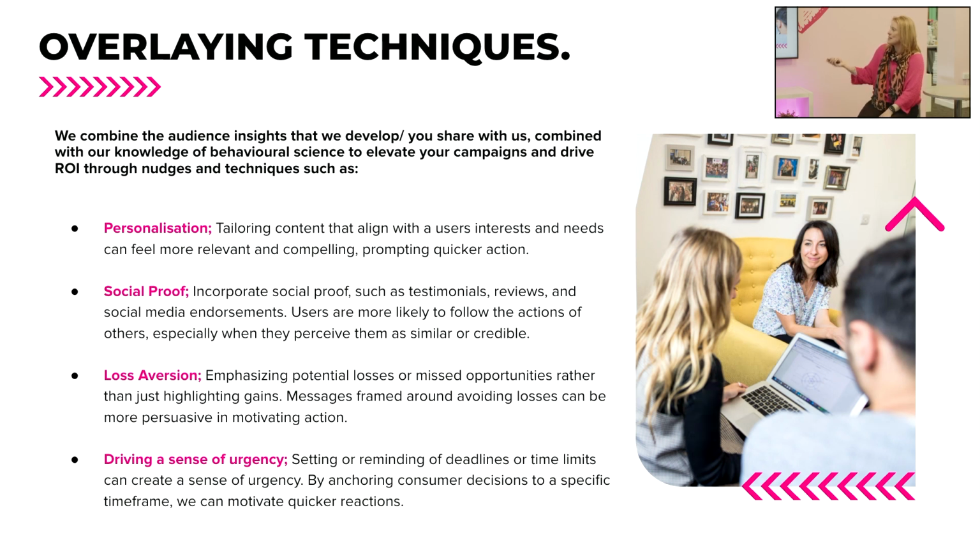But we also look at things like social proof. So incorporating that feeling that you get through social media, as well as using things like loss aversion. So how do we instill that feeling that they don't want to miss out on an opportunity, and also driving that sense of urgency as well, as we look at things like countdown timers and ways to re-engage in a sequential messaging through that journey as well.